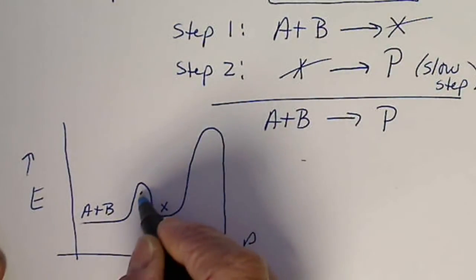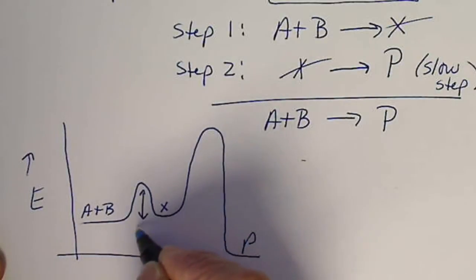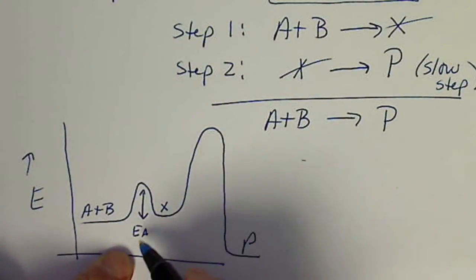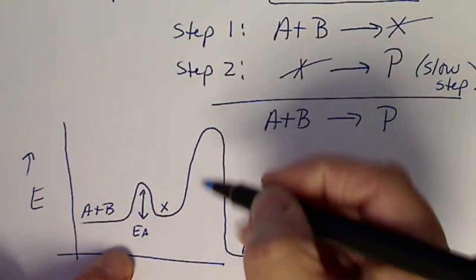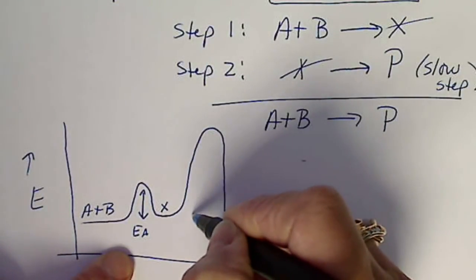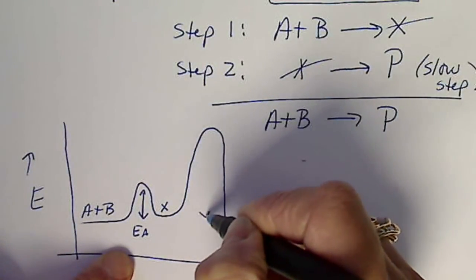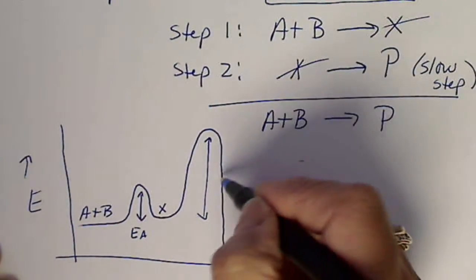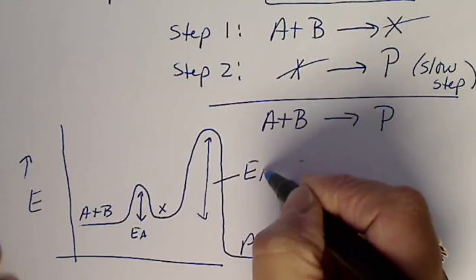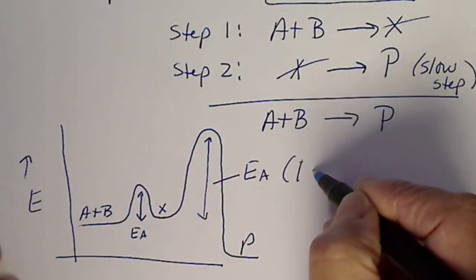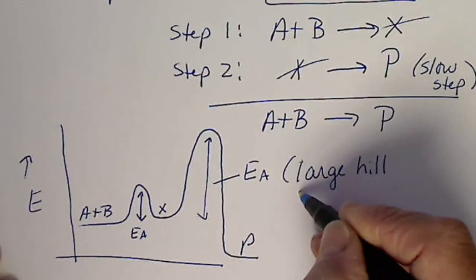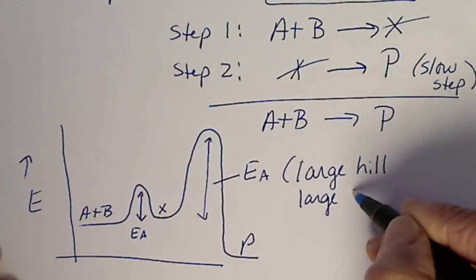So we have an activation energy here, that's an E sub A for the first step, and then the second step from X, the intermediate, getting up over this energy barrier, that's another E sub A. So this is a large hill or a large energy barrier.